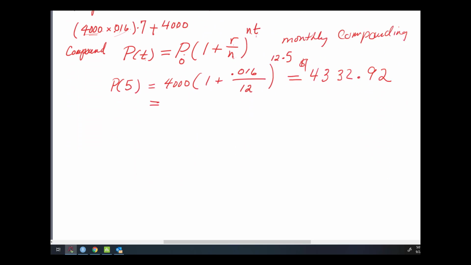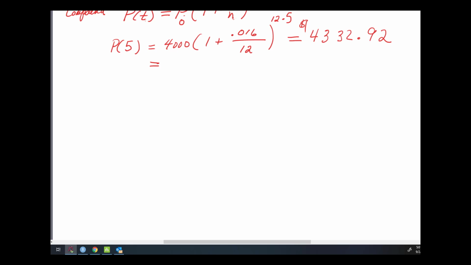Now, another form of this same idea. In this example, we've agreed to do the compounding, that is to add the interest to the principal, 12 times a year. So maybe you are Bank A and you're compounding 12 times a year, and I'm Bank B, and to be competitive, I'm going to say, you know what, I could compound every week instead of every month. And it seems like every week would be better than every month.